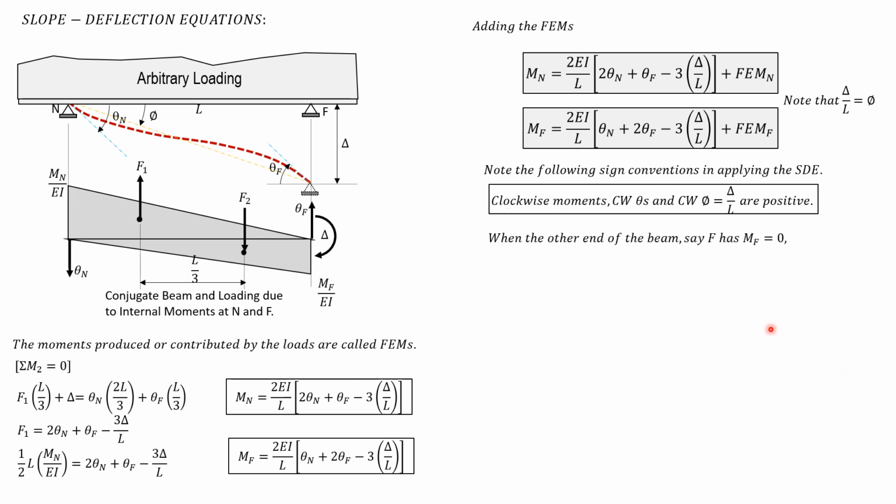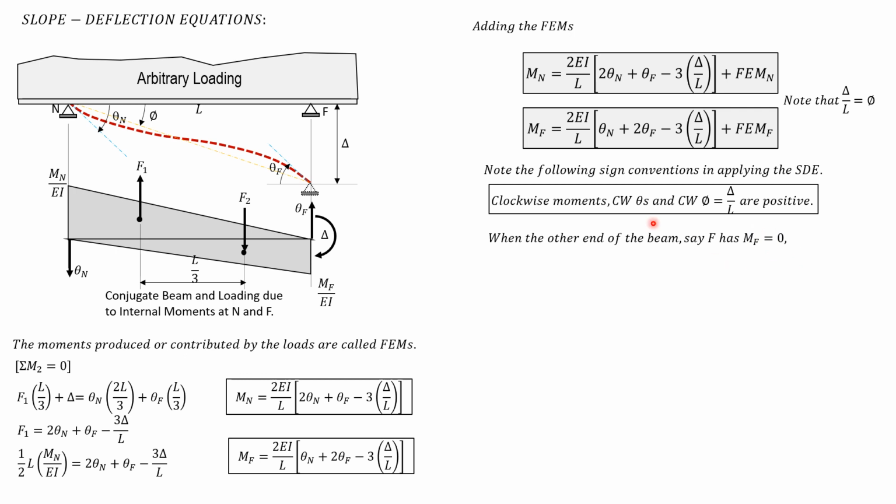When the other end of the beam, say F, has its moment 0, so for example, the other end F is a roller support or a pin support, we know that the moment at that end is 0. But it doesn't mean that the far end is the one that always has the roller or pin support.